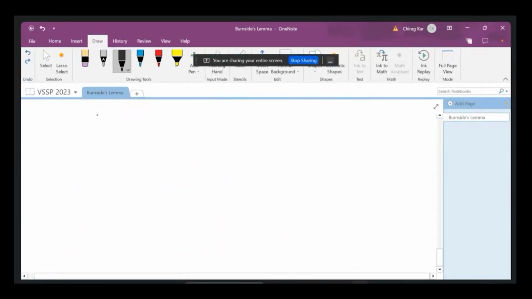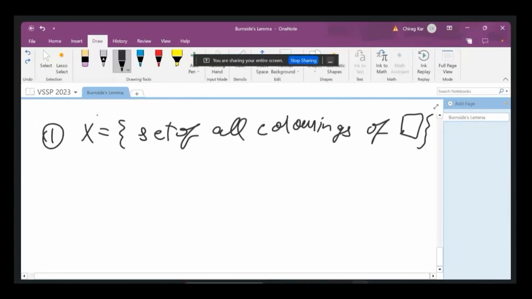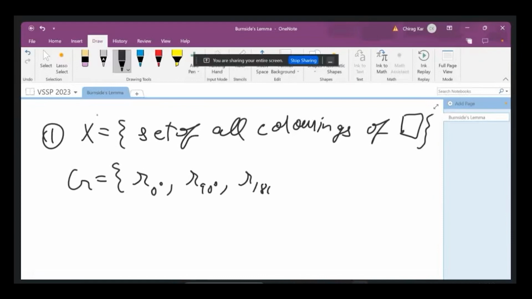Right. So now let's look at our group being this group of rotations. I'm going to denote by R0 degrees the do-nothing symmetry, wherein you don't do anything. I'm going to denote by R90 the 90-degree rotation, R180 the 180-degree rotation, and R270 the 270-degree rotation.